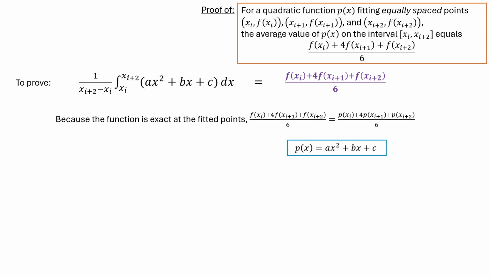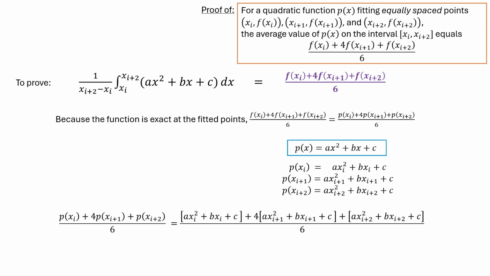Use the general formula of p of x to find f of xi plus 1, and f of xi plus 2. We get these equations, changing all the x's to their new indexed values. Plugging these in, we get this slightly longer equation.